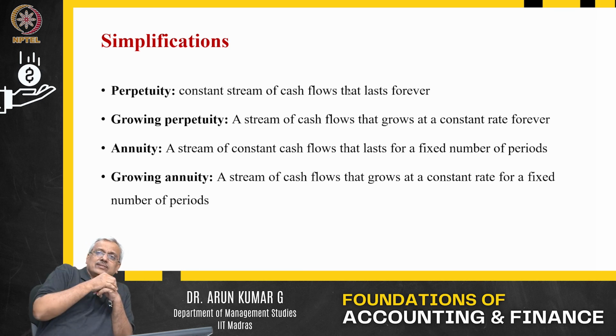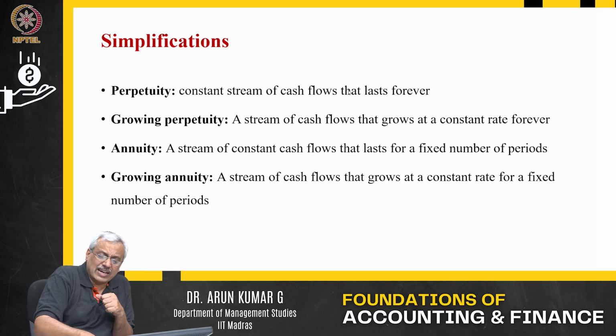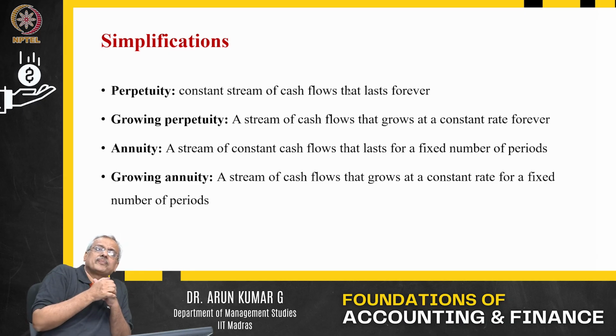Growing annuity: I invest money, and they say you are going to get a return for the next 10 years, but every year the return grows at a rate of 5% or 4% or 3%, some percentage. So it is a stream of cash flows that grows at a constant rate, but the time period is fixed.